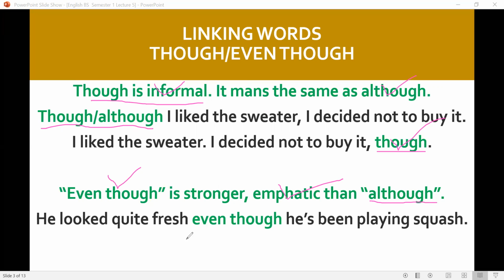He looked quite fresh, even though he's been playing squash. This is the reason. He has been playing squash. He may have been tired, but instead of looking tired, he was looking fresh. This is stronger and emphatic. You want to stress his freshness.